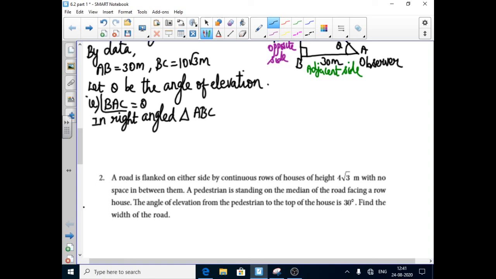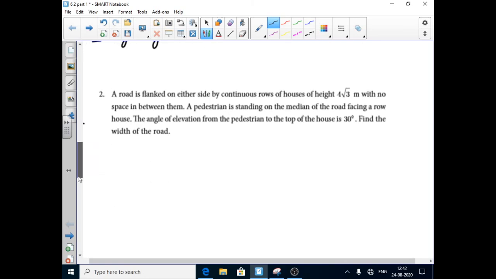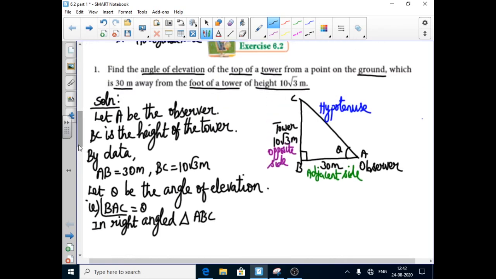Whenever a right angle 90 degree comes, you have to write it in the between. In right angle triangle ABC, give the name as ABC in anti-clockwise direction.